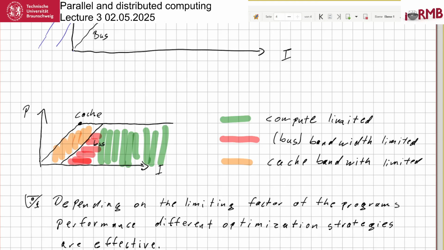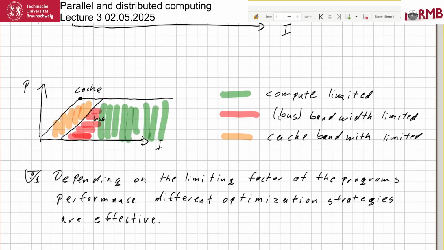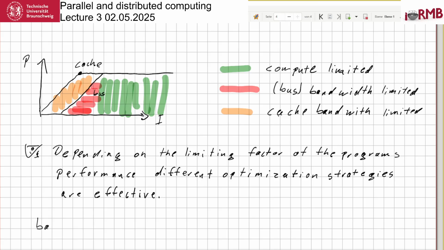What can you still do to optimize things, and what don't you need to optimize? So in these three regions, if you are bandwidth limited, so say bus, so this is the red one. Okay, I didn't begin with the one.